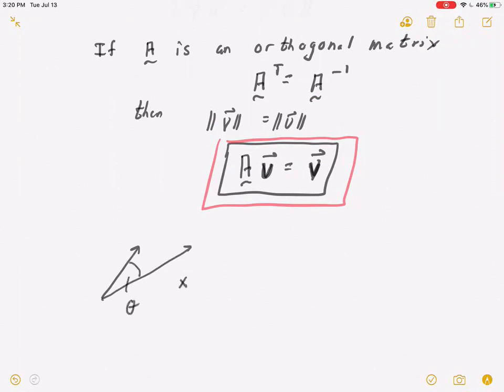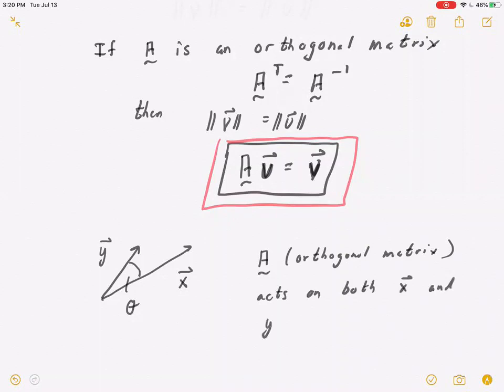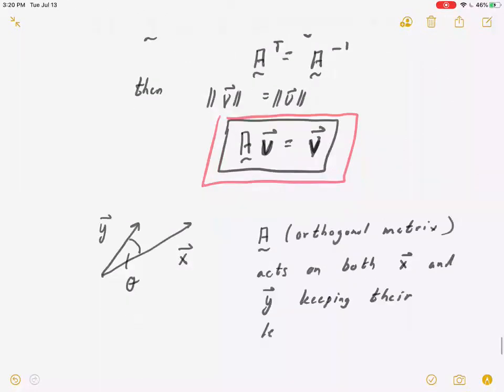Suppose you have two vectors, X and Y, and suppose you have an orthogonal matrix A, which acts on both the vector X and the vector Y, keeping their magnitudes or lengths unchanged.